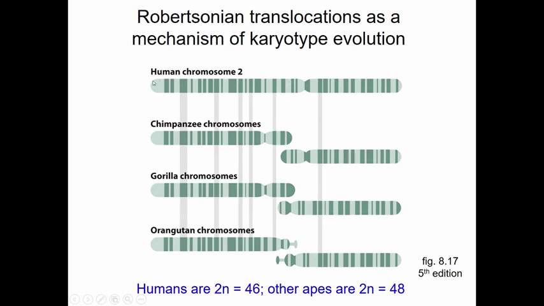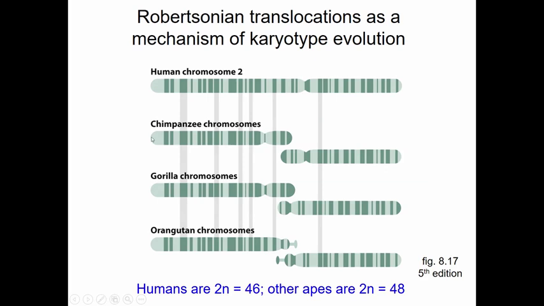Look, human chromosome 2 is actually a Robertsonian translocation that happened sometime after humans and all these apes separated as lineages. So chimps, which have a genome that is 99% the same as ours, don't have this. Also gorillas and orangutans, so they all have 2 different chromosomes.